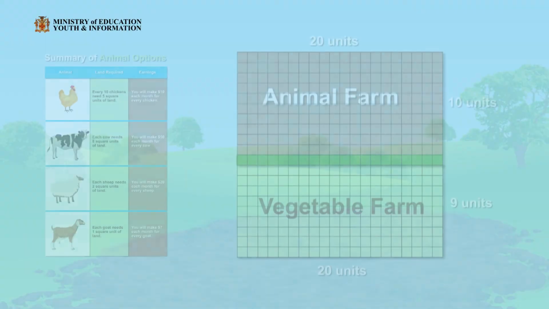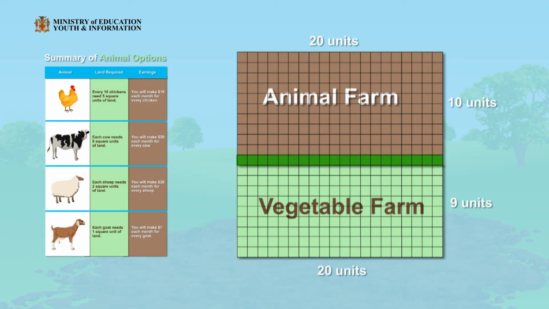Okay, remember now, the aim is to earn the most money as is possible and have the least number of squared units of open land. Okay, got it. Let's see. Chickens are smaller and easier to care for than the other animals, so I will use half for chickens.